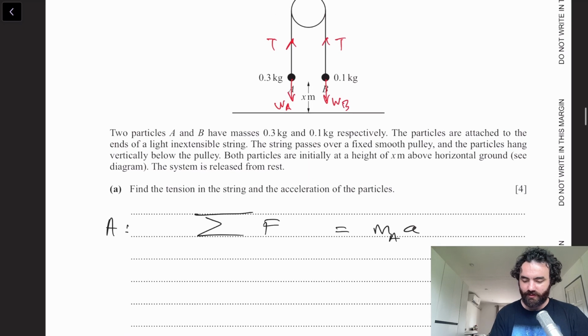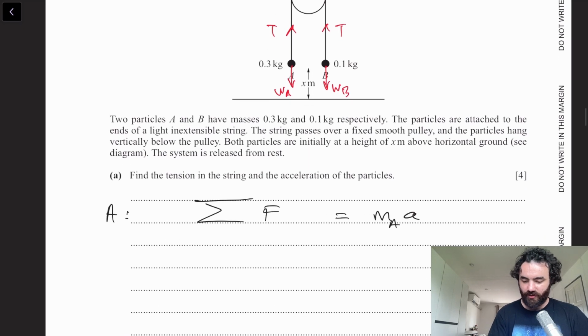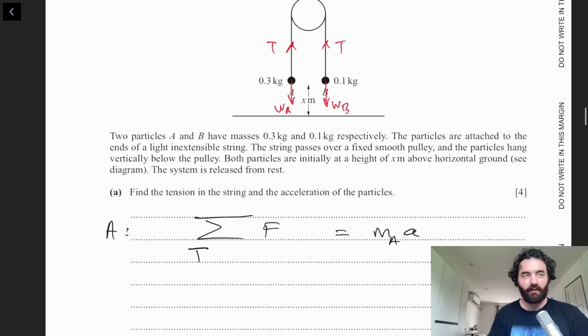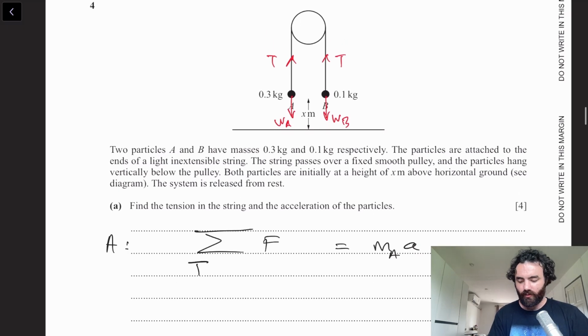So the sum of the forces here, the tension is acting up, so you have the tension. You also have to think about how this system is going to be moving.